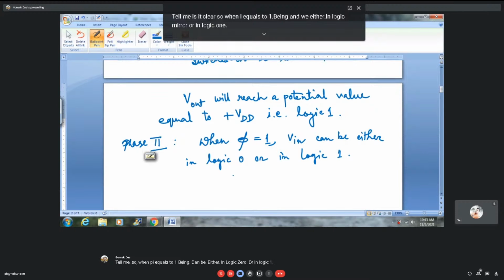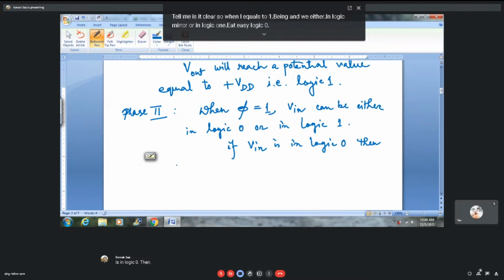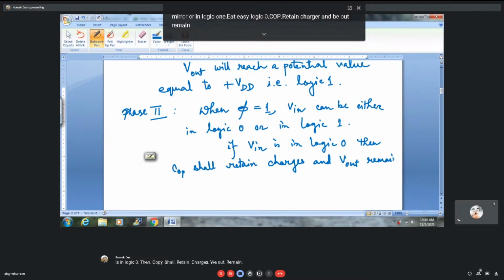If Vin is in logic 0, then COP shall retain charges and Vout remains in logic 1 state.